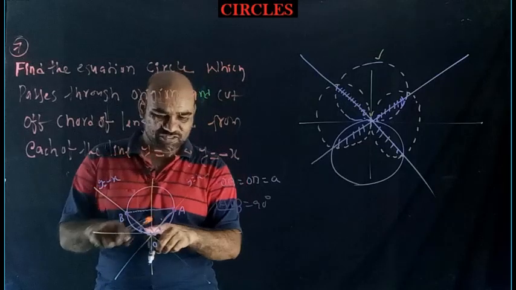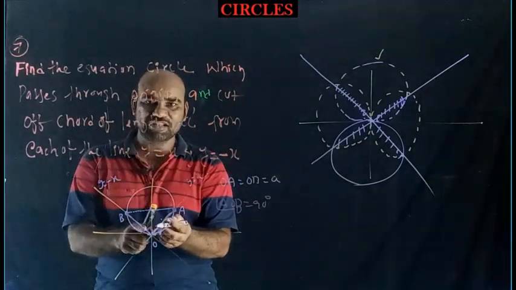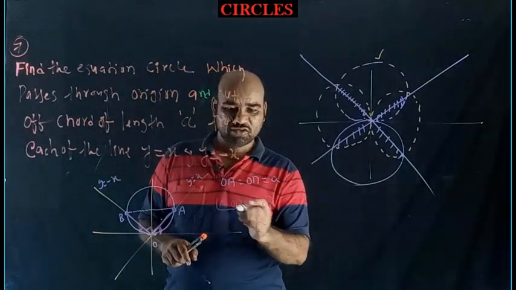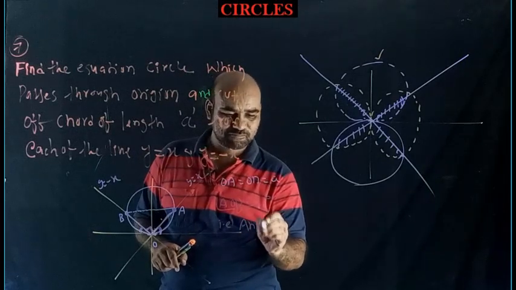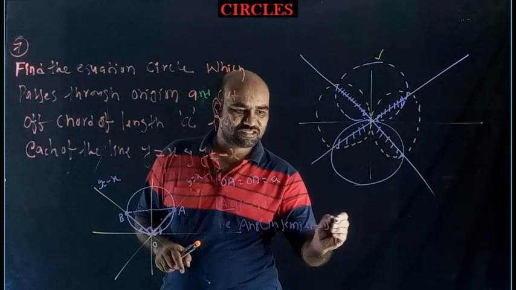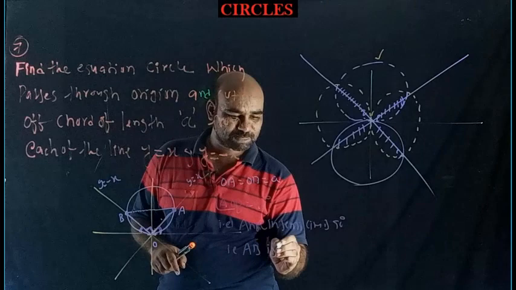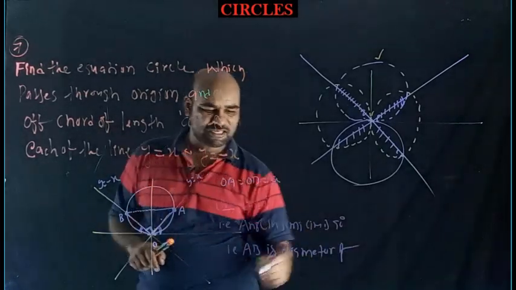This is 45. This is 45. Or you can say that y equal to x and y equal to minus x lines are perpendicular. Angle between them is 90 degrees, and right angle isosceles triangle. So angle AOB 90 means angle in semicircle is 90 degrees. That is, AB becomes the diameter of the required circle.